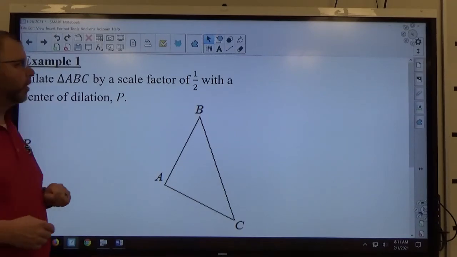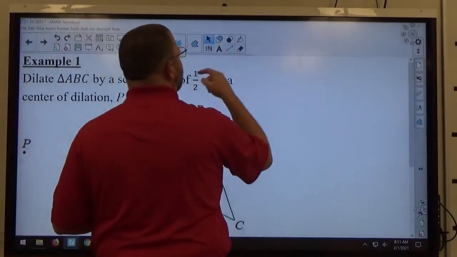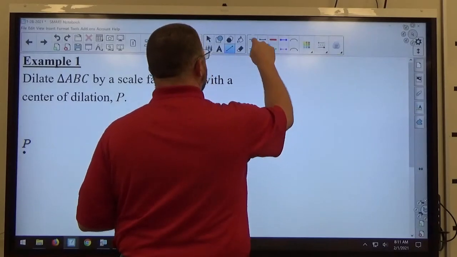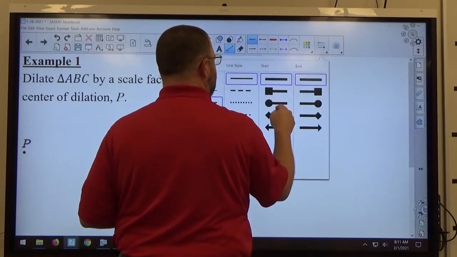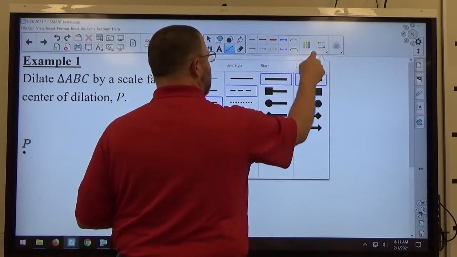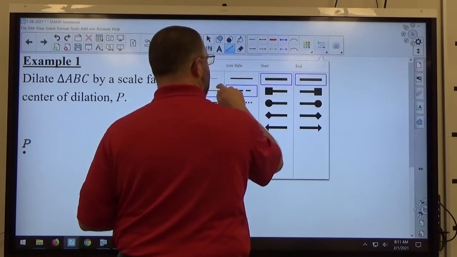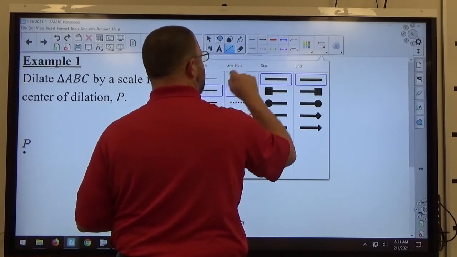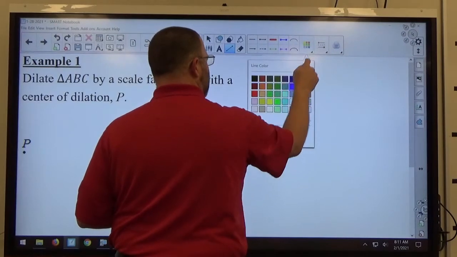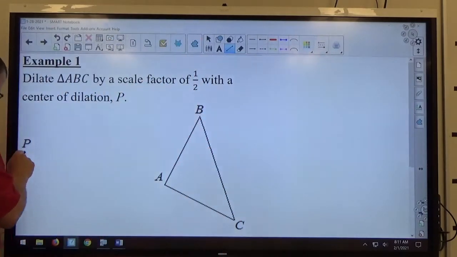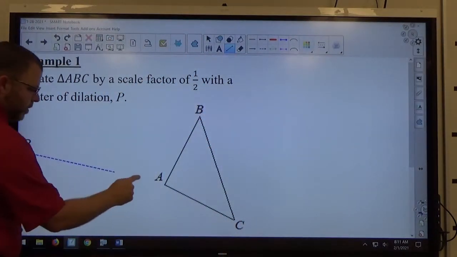And the way we're going to do it, begin by drawing a dashed line from P to A. So just take your ruler and draw a dashed line from P to A. Like so.